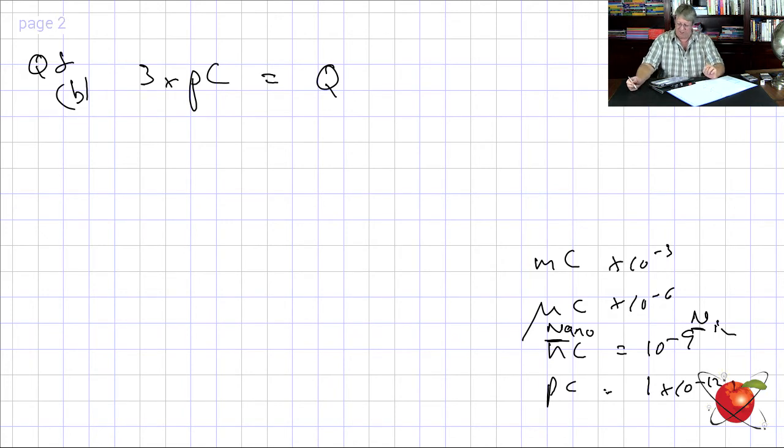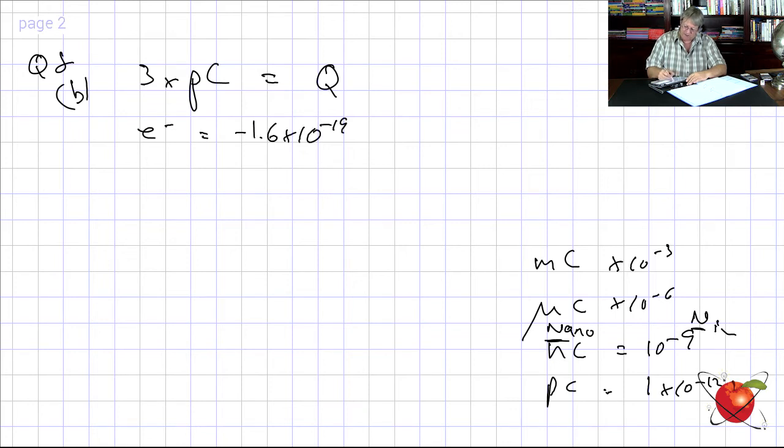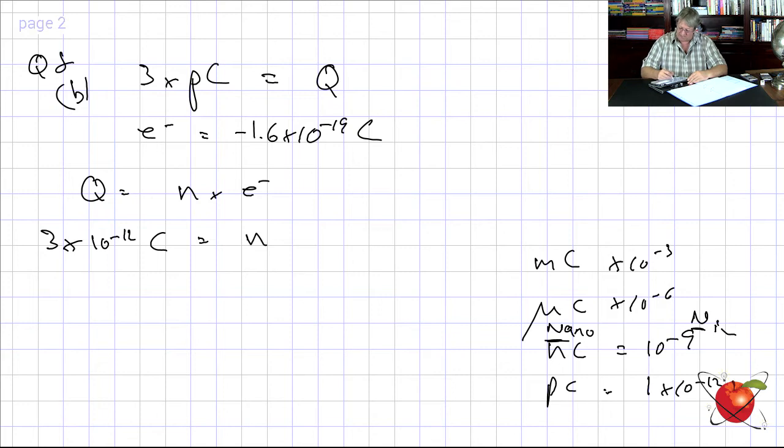Let's have a look. We know Q, and we know E is minus 1.6 times 10 to the minus 19 coulombs. They want to know how many electrons this was. We know Q is equal to N times E. So Q is 3 times 10 to the minus 12 coulombs, equal to N times minus 1.6 times 10 to the minus 19.